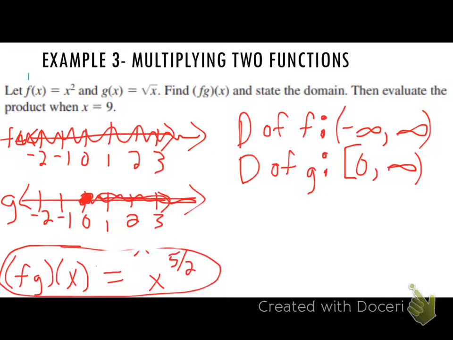So the domain of f times g of x is the overlap of these two graphs. So if I put these two graphs on top of each other, wherever they're shaded at the same time, it'd be 0 to infinity.